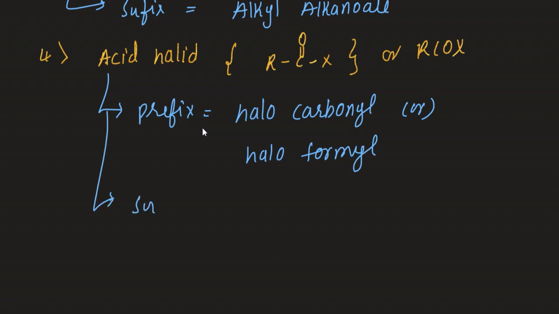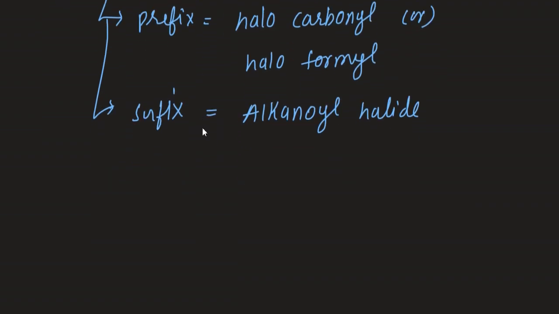Next, whenever it is acting as a suffix, then its name is alkanoyl halide. Alkanoyl halide. Okay. Next is the last one, amide in the acid family.